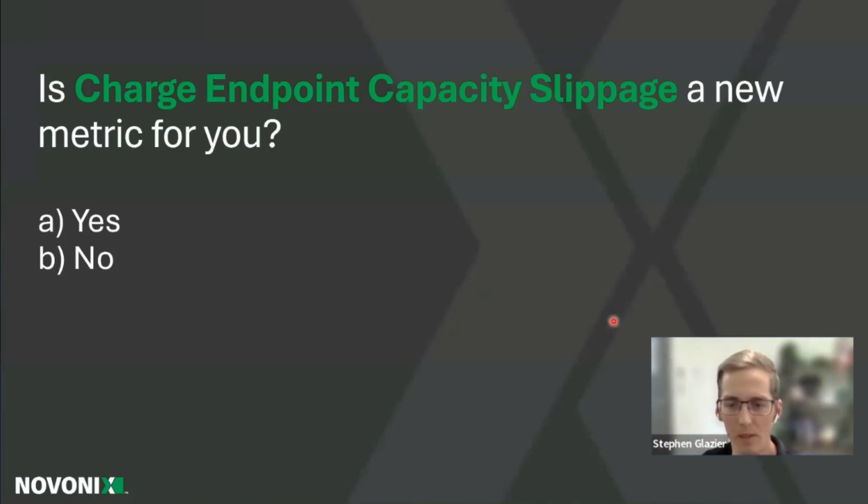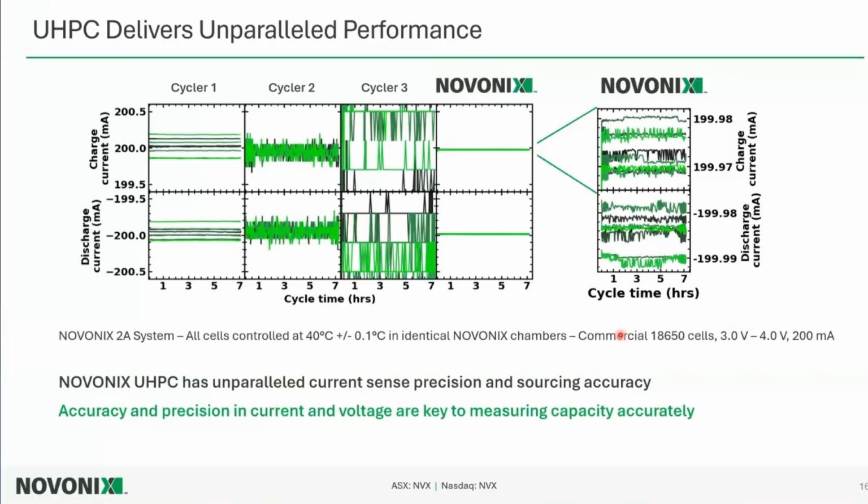Okay, so we'll move on here. So I want to highlight the way ultra-high precision coulometry works is really it goes back to when I was talking about our raw data and how important it is to have accurate and precise raw data. Otherwise, those errors or uncertainties over and under counting propagate through into those cycle metrics like Coulombic efficiency.